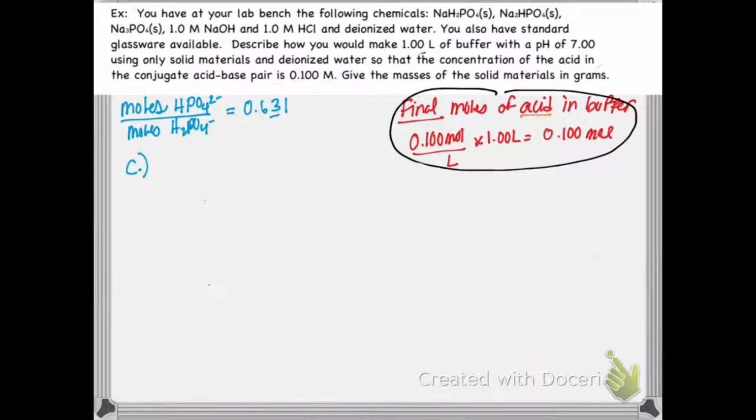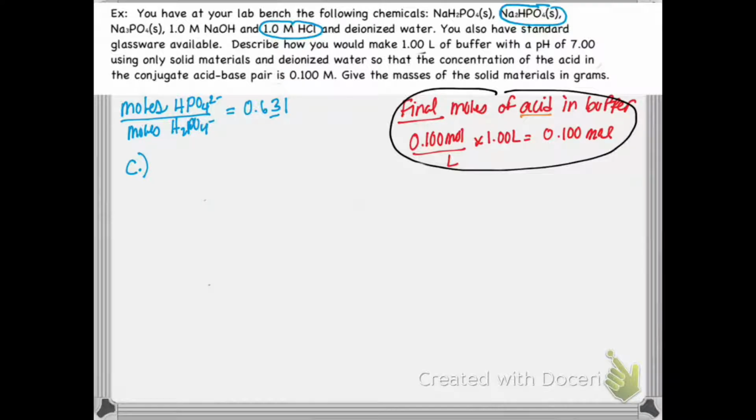Okay, so one final way we can prep this buffer is by using a limited amount of HCl, the strong acid, and an excess amount of our base component, the HPO4 2-, which comes from our Na2HPO4.